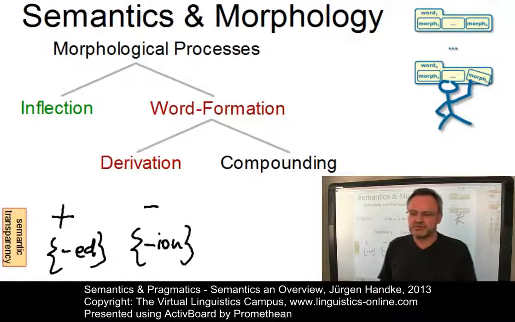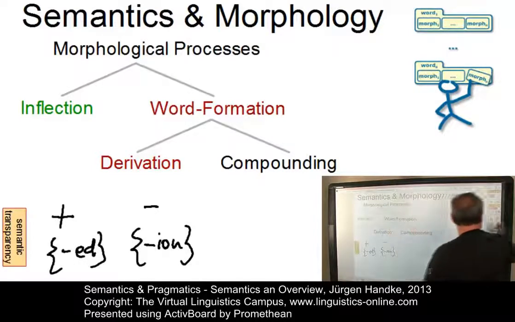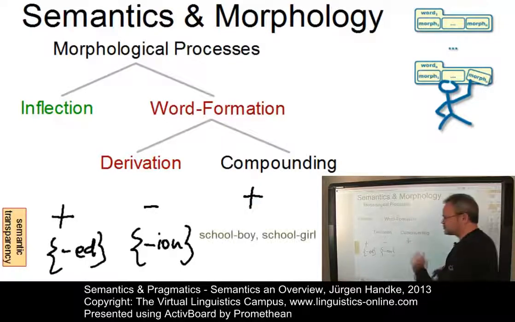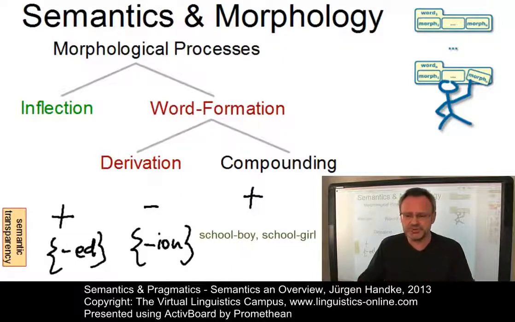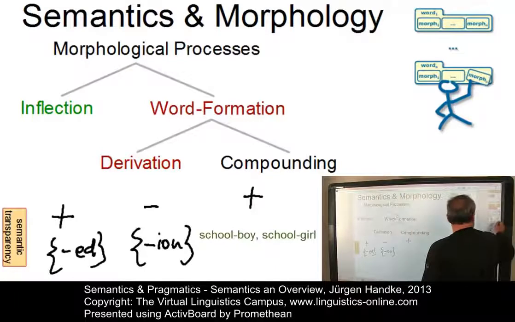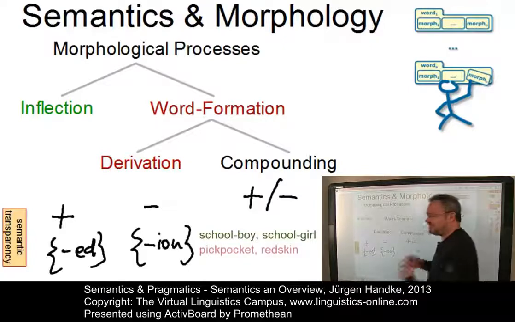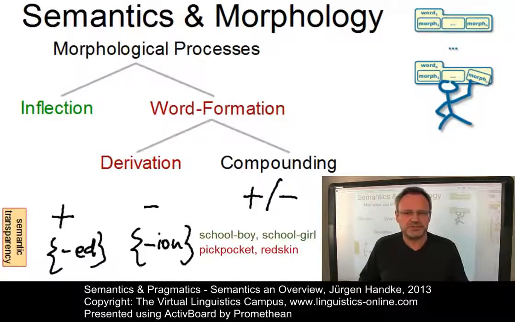And then there are compounds. They can be fully transparent as in endocentric compounds such as schoolboy or schoolgirl. A schoolboy is a boy, a schoolgirl is a girl. Or totally intransparent as in exocentric compounds such as pickpocket, which is not a type of pocket, or red skin, which is not a type of skin.